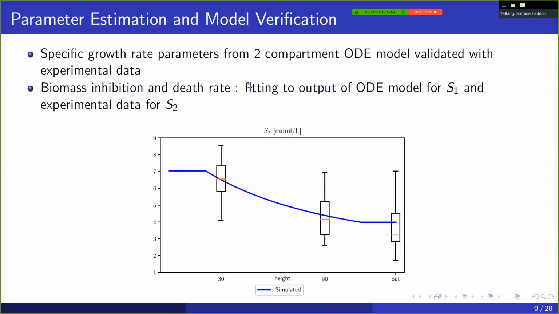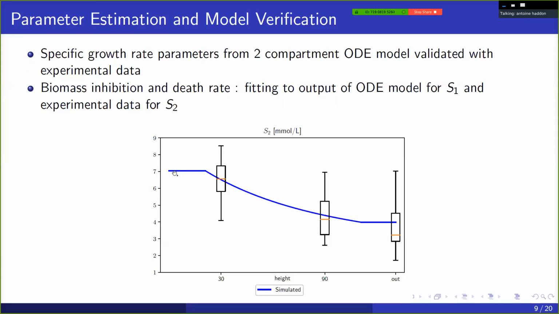It's still a spatial model, but a simple spatial model only considers 2 compartments. And so this model was fitted against experimental data. And then we have some extra parameters. So the biomass inhibition and the death rates were fitted very simply against experimental data.